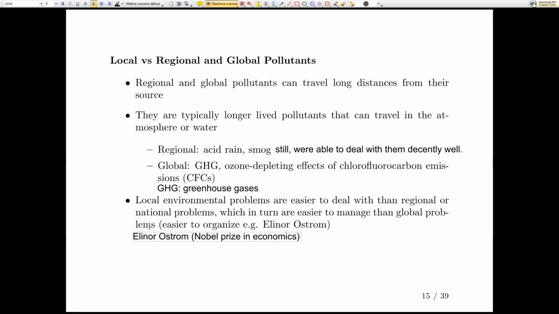What she looked at is how tribes in many countries were able to deal with local problems, problems of common shared resources, for instance, and how, without any sort of economic institution as we would have them in our countries, they were perfectly able to deal with their problems together.